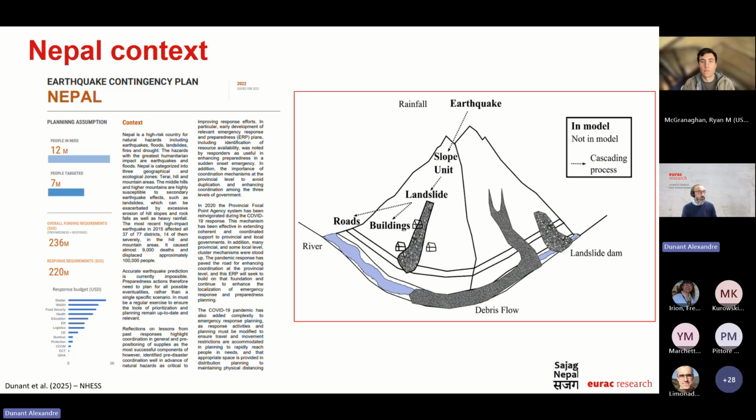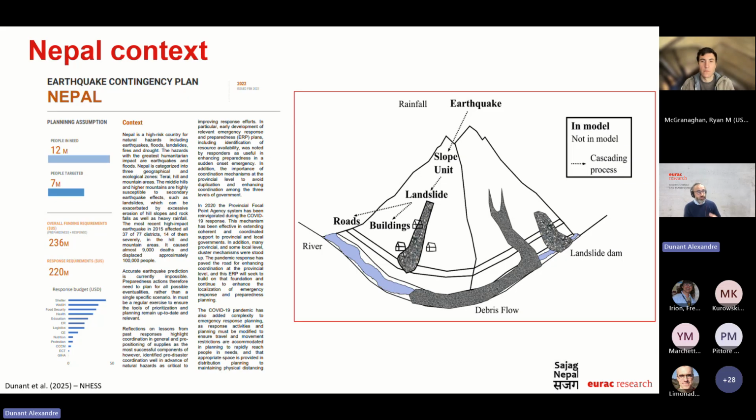From a request from the UN office, because they said, well, we've got this earthquake model that actually generated a good result, but the problem is that we often see landslides happening with the earthquakes we have in Nepal. I mean, it's a good reason, like Nepal's valleys are very, very steep. So could you actually build a multi-hazard model and do your research, and at the same time inform the next contingency plan? So that's what we started to do.